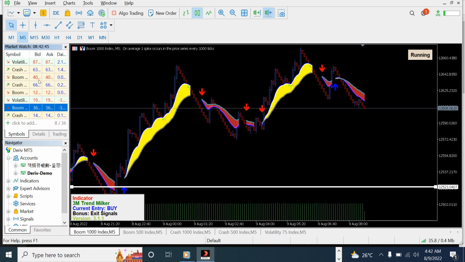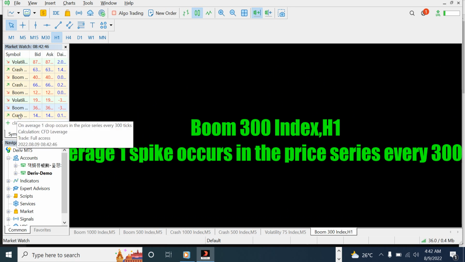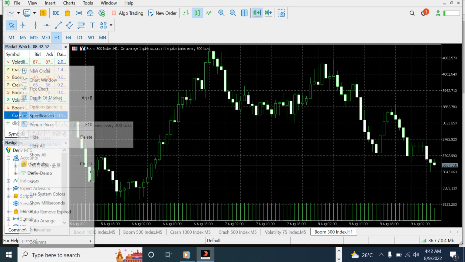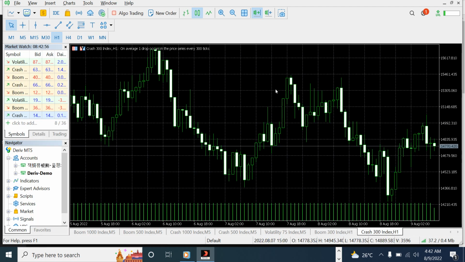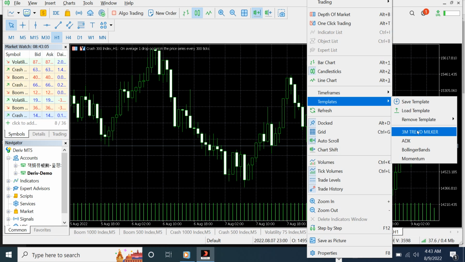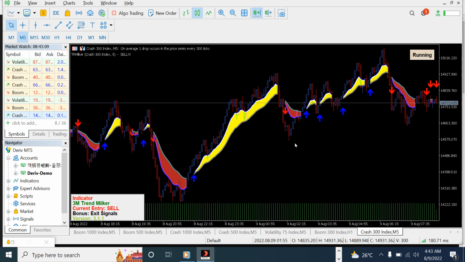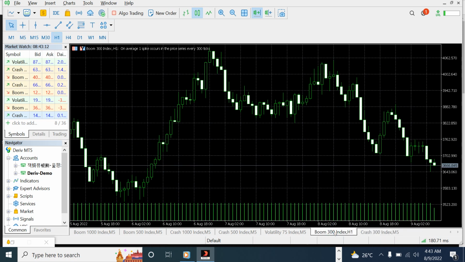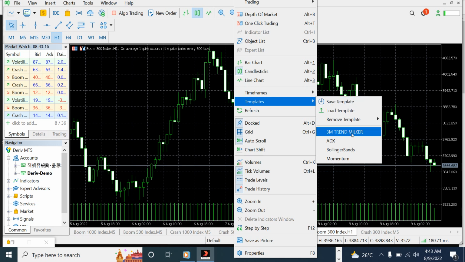Chart window. This is Boom 300, so I'm going to do it for Crash also, chart window. Very good. So I'll quickly add my indicator to it. That is very important. Having a good setup that will help you to have a quick analysis on the market is always beautiful, so that you won't waste so much time within the market while you're placing trade.